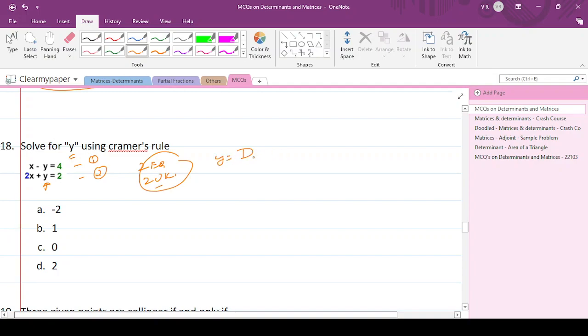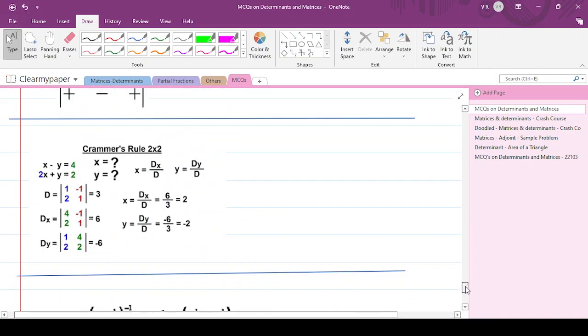The value of y is equal to dy by d, and we know what that means. We have solved this example also. Now let's take the solution from the crash course which I applied here, and let's solve this. So this is Cramer's rule. This is the given equation. In this case, we have solved for both x and y, but we are interested only in y in the MCQ.